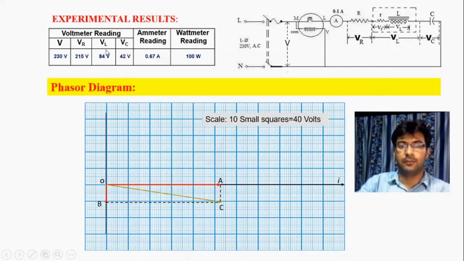Consider VL as radius and C as center. Draw an arc here.